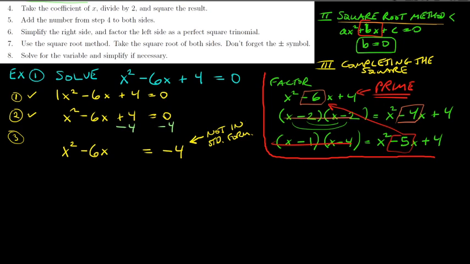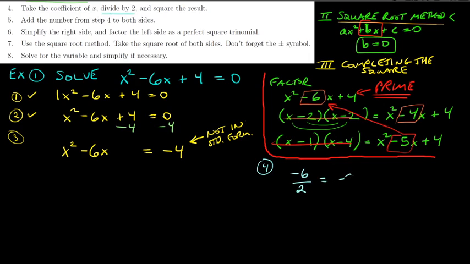And so here's step 4 now, which says to take the coefficient of x, divide it by 2, and then square the results. So what's the coefficient of x, right? So here's the x. The coefficient is the number in front. That's the negative 6, right? So what do we do with the negative 6? You take the negative 6 and you do two things. First, you divide it by 2. Okay, not hard.